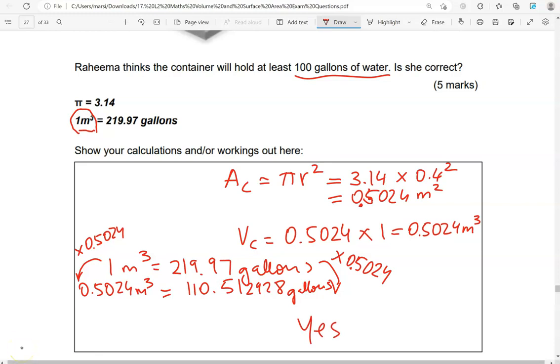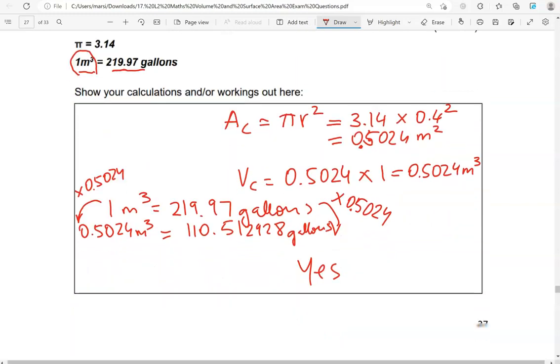The other thing we could have done here is that we've seen it's 0.5024, so that is just over 0.5, which is half. So half of 200, about 220, that's going to be 110, which is over 100. So that would have given us the answer as well.